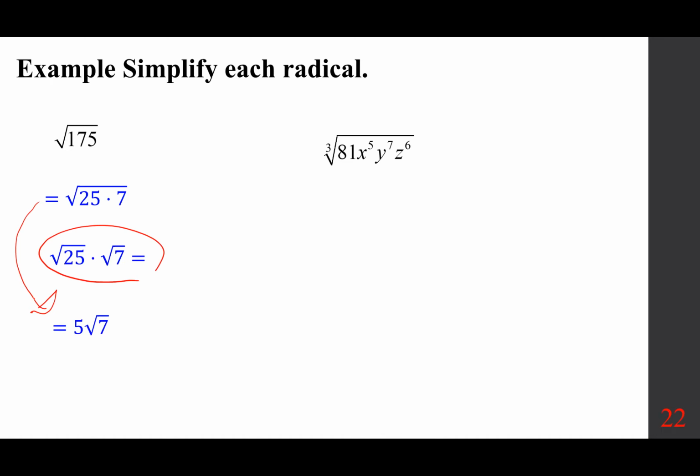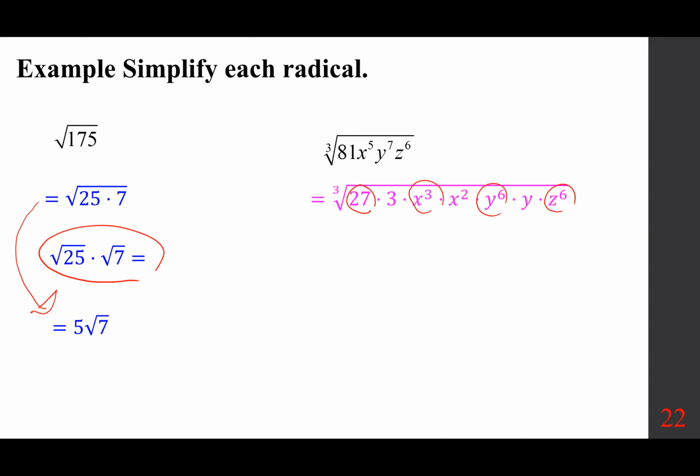So if you want to go that route, we know that 81 is 27 times 3. X to the power of 5 is x cubed times x squared. Y to the power of 7 is y to the power of 6 times y. And we keep the z to the power of 6. The reason we do that is because this is a perfect cube. So is this one. So is this one. So is this one.